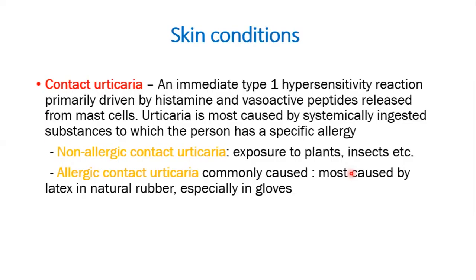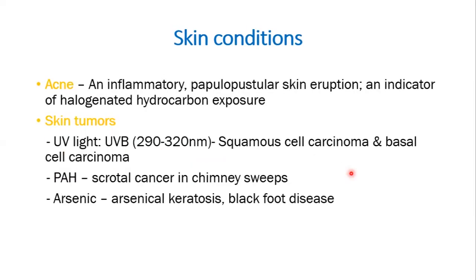So acne is quite common. It's basically an inflammatory papulopustular skin eruption, if you understand what we're talking about. And it is usually an indicator of halogenated carbon exposure, right?